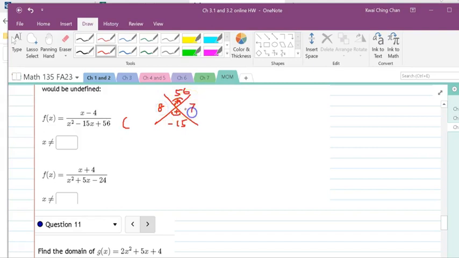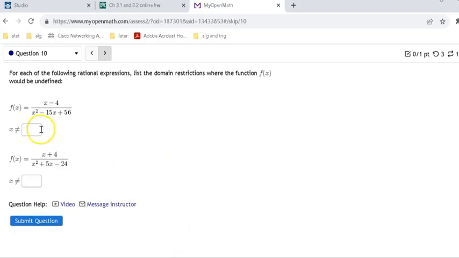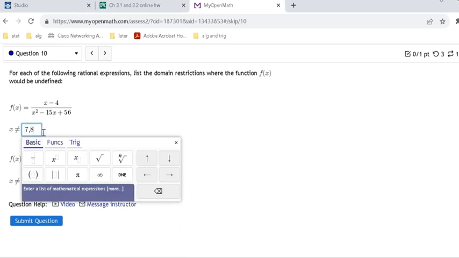Negative 8 and negative 7, I think. So it will be x minus 8, x minus 7 for the factors. But that means I want to exclude what? I want to exclude 7 and 8. Right. x cannot equal 7 comma 8.